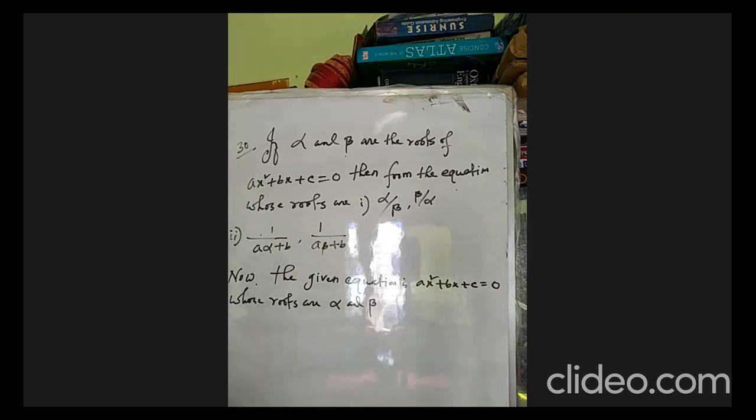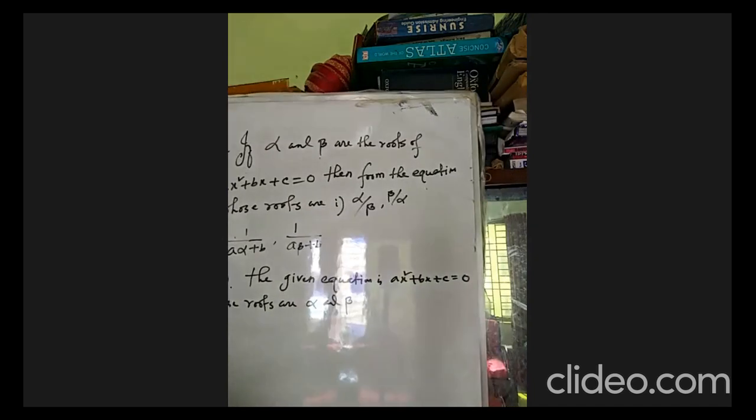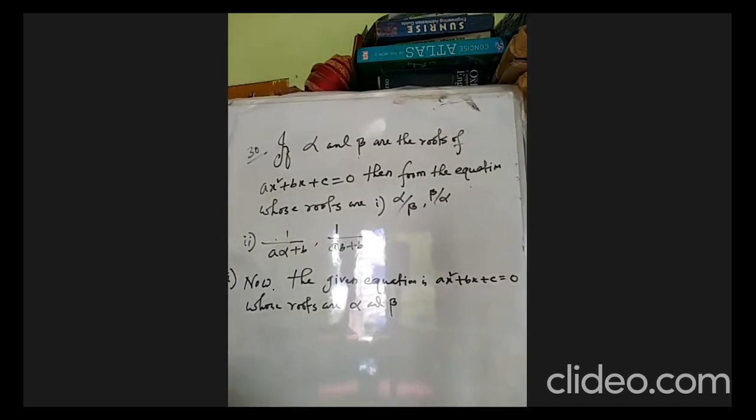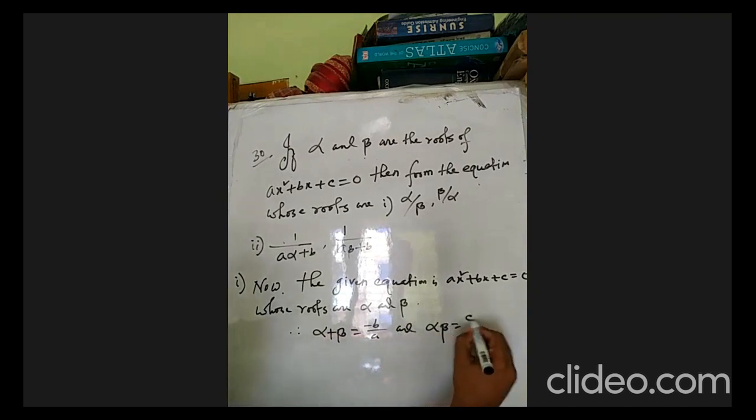Okay. Whose roots are alpha and beta. So therefore alpha plus beta equals to what will be? Minus b by a, and the product of the roots will be what? c by a for the given quadratic equation. Okay.